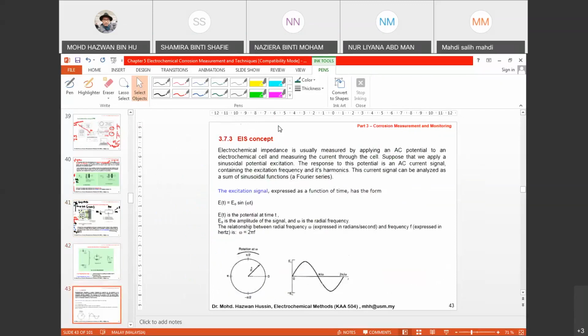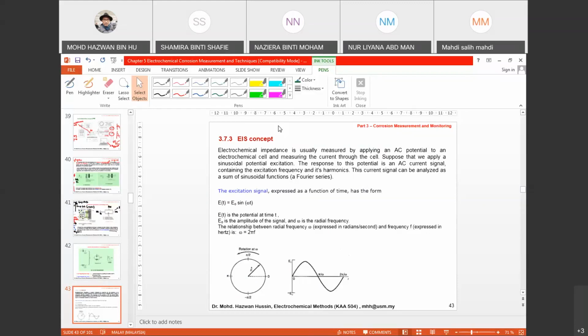So in the EIS concept, earlier on, I told you that in the process of getting the EIS values, you will use a constant potential. Then you will use an AC system, you will apply an amplitude of alternating current, and the response is in a waveform because it's measured in frequency.